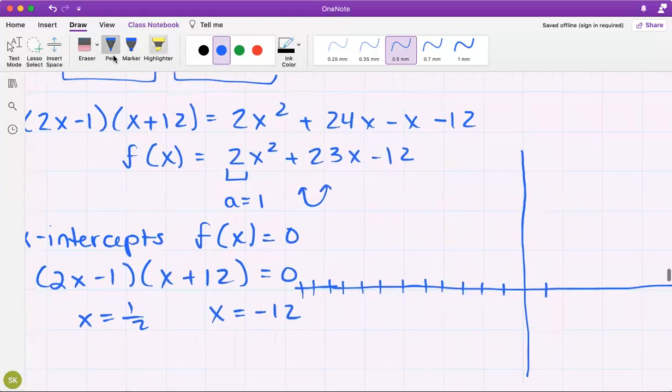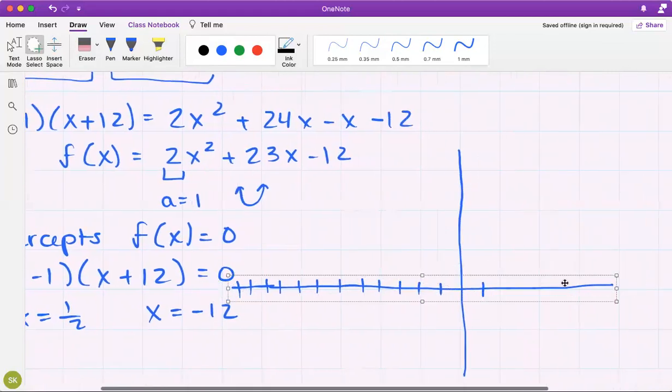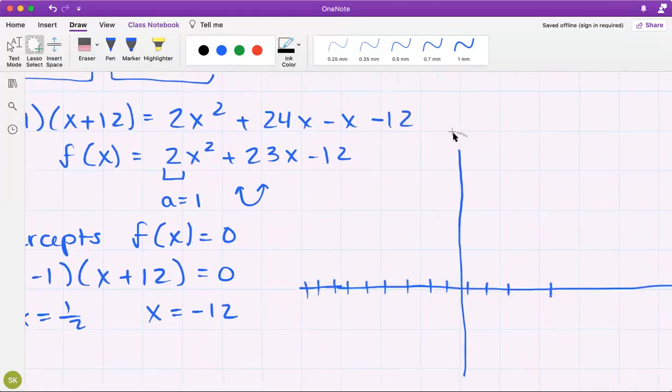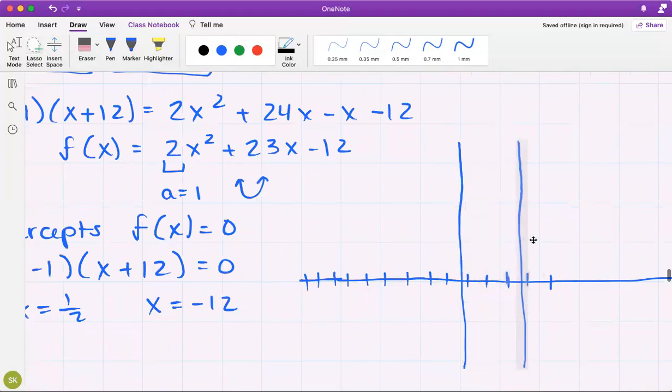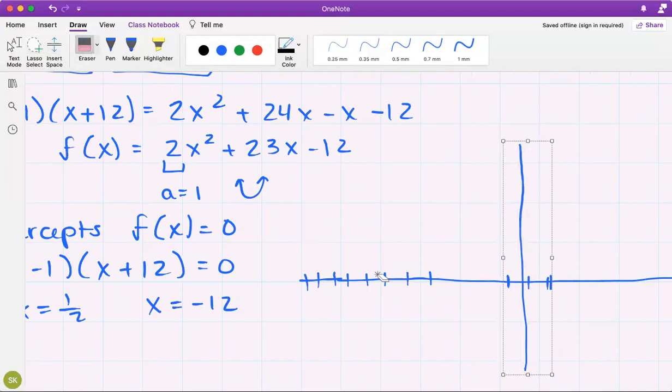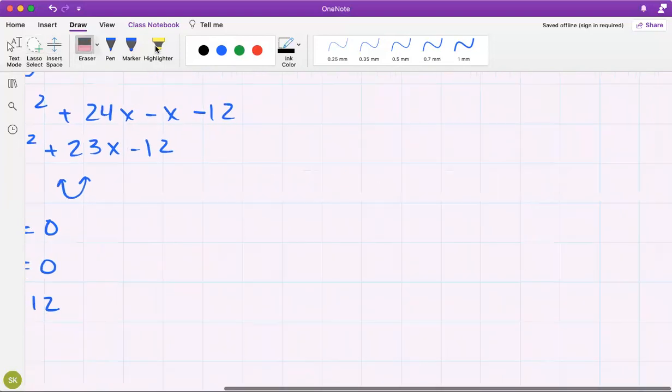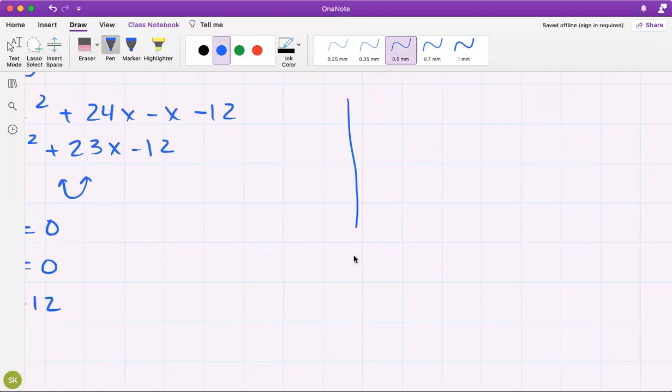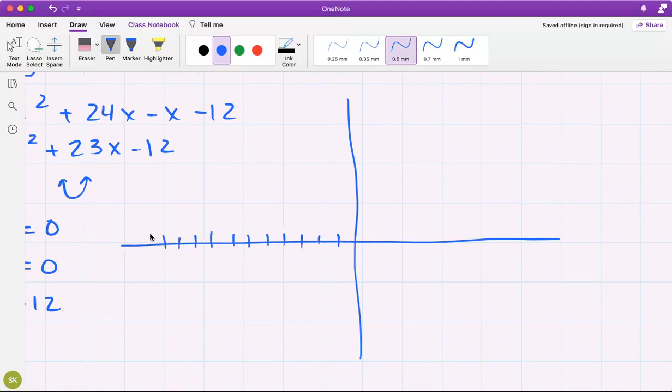In fact, I want to see if I can move this. Okay, that didn't really work, so let me try again. Put it out here. So 1, 2, 3, 4, 5, 6, 7, 8, 9, 10, 11, 12.